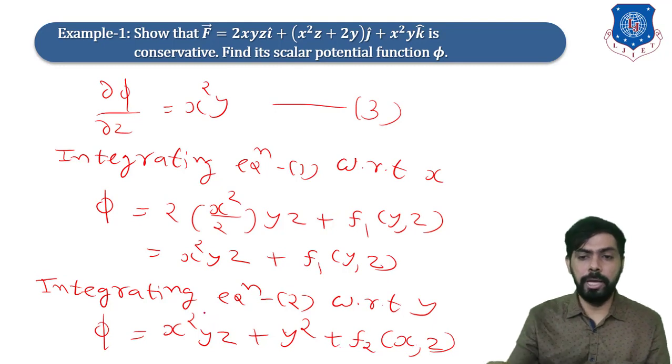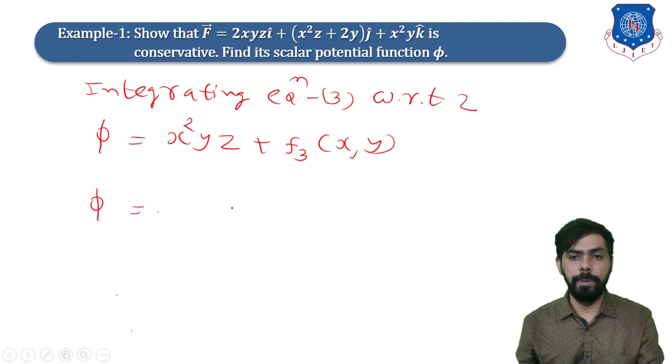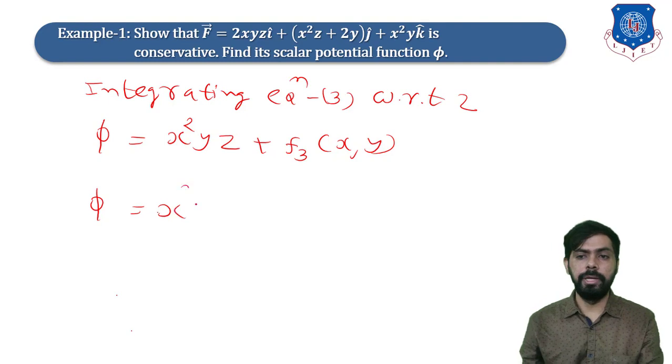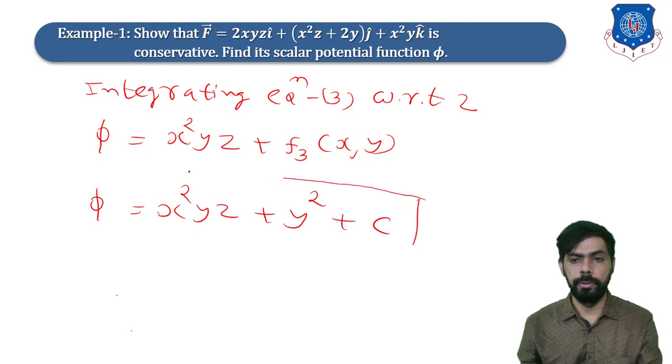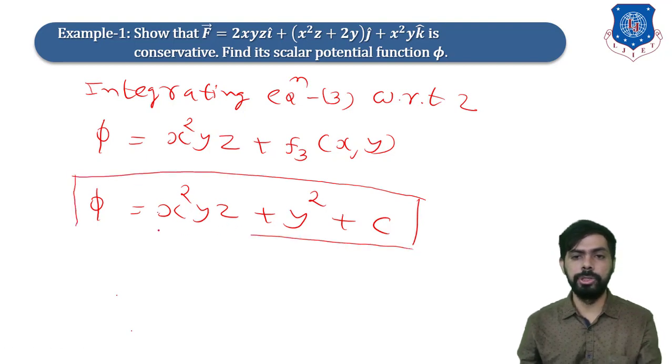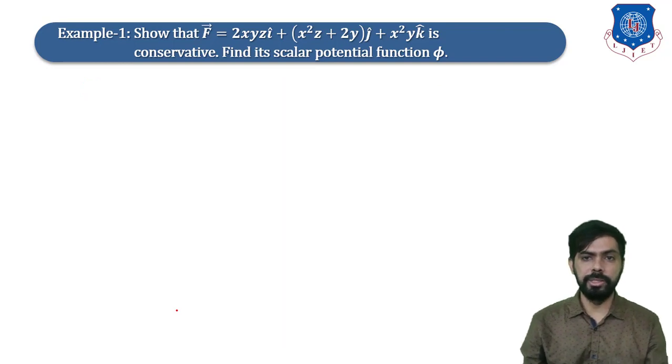So overall phi will be x square yz plus y square plus c, where c is an overall constant. So this will be phi. So we can find out the scalar potential phi. So this is overall phi. Now let us discuss the second example.